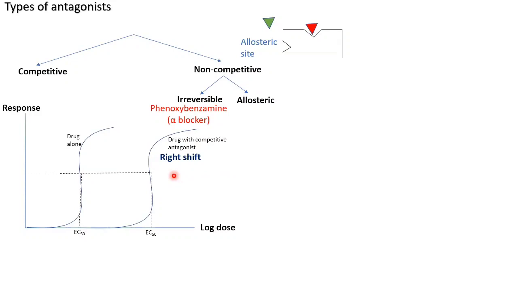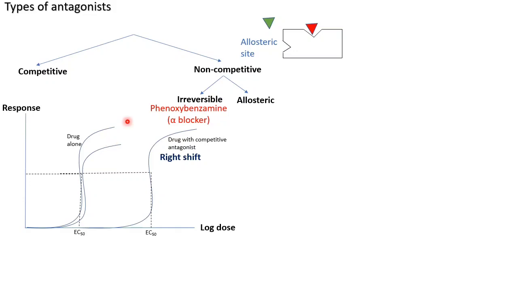That was a right shift with the competitive antagonist, but with the non-competitive antagonist we almost needed the same dose, but we get a lower response because we couldn't displace the antagonist, because it is non-competitive.